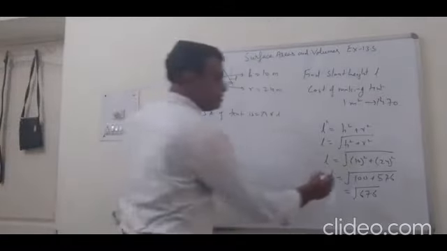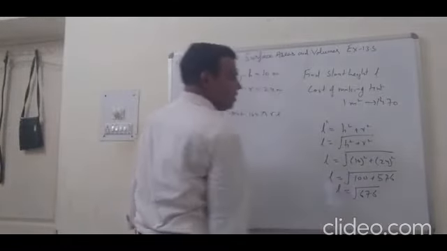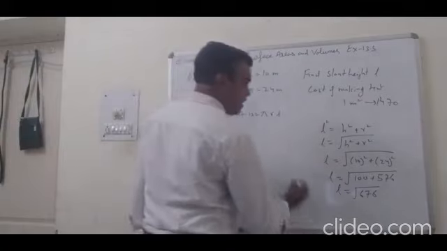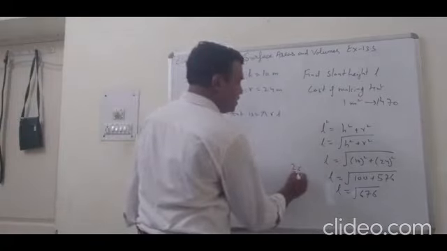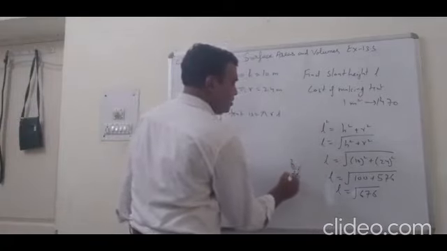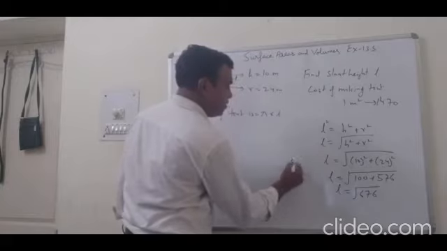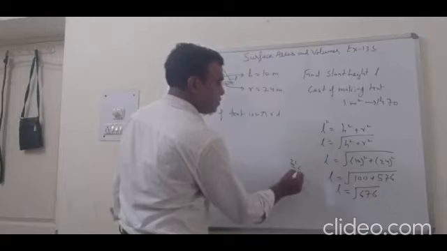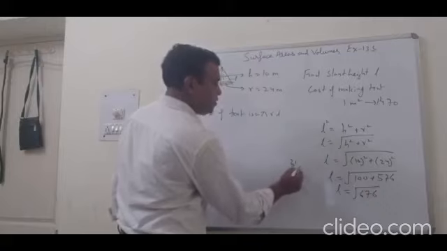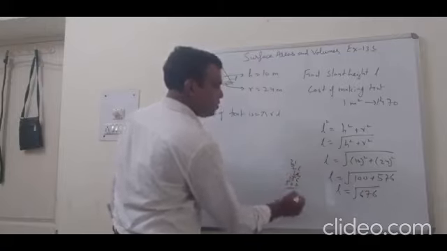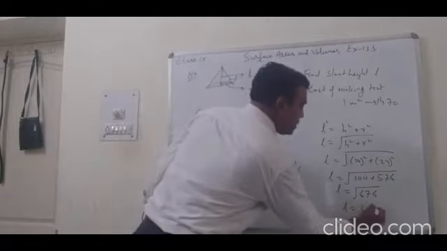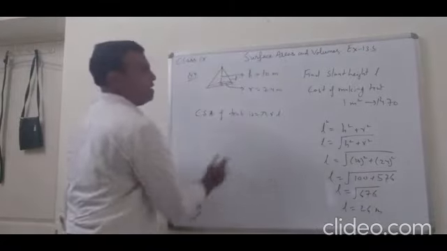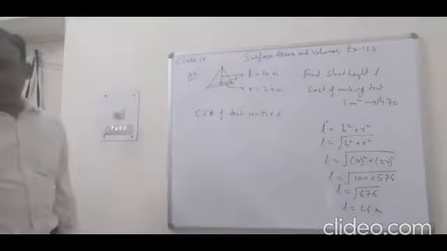Who will tell? 24, 25, 26? 26: 6 6s are 36. So L is 26 meter.